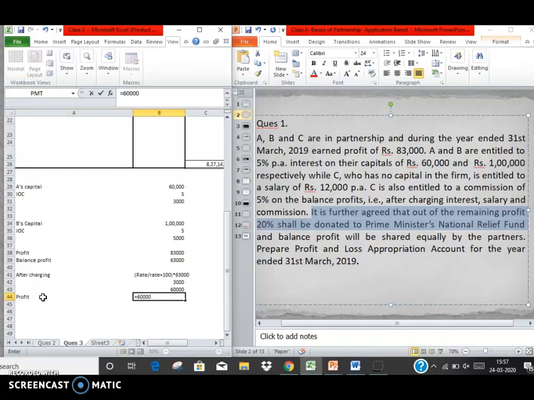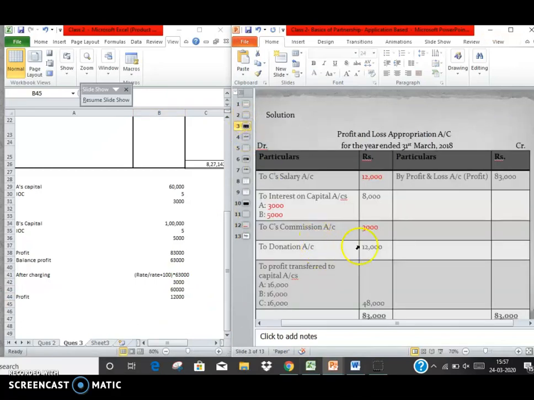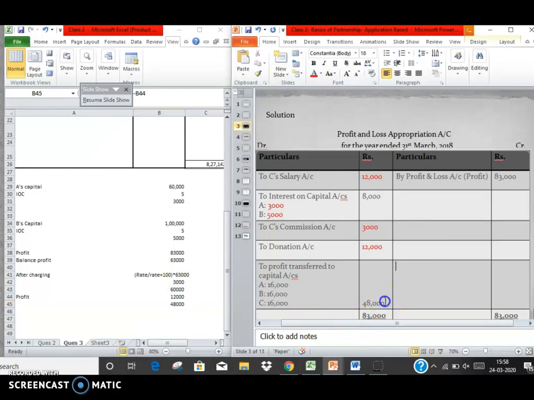60,000 into 20%. What is the amount? 12,000. If you see the question, how much amount have you given as the donation? 12,000. Now, whatever amount will be left, you have to divide it among the partners equally. So 48,000 is the remaining amount.